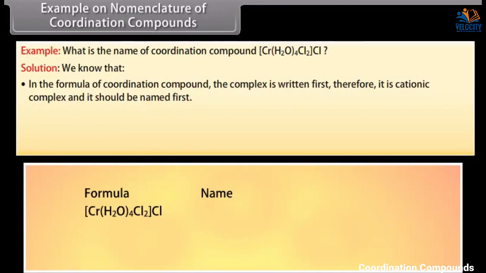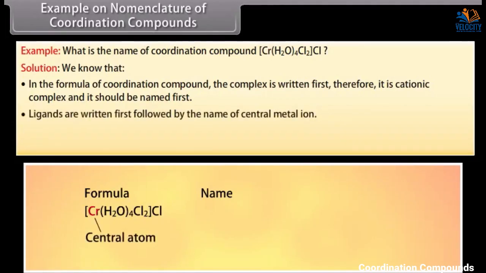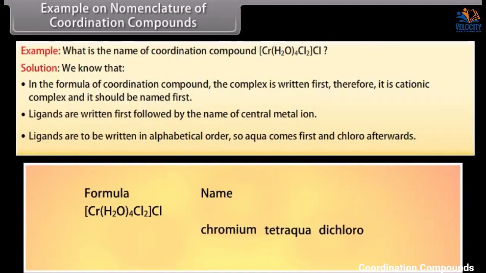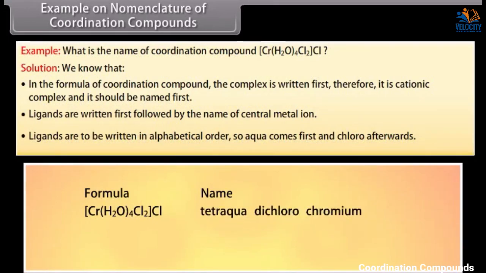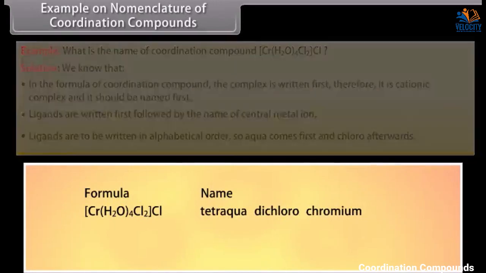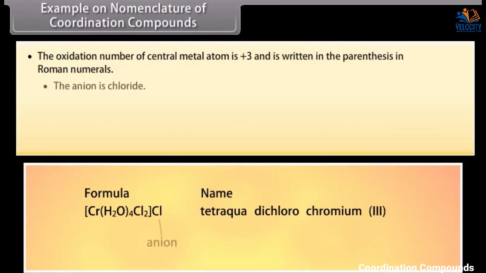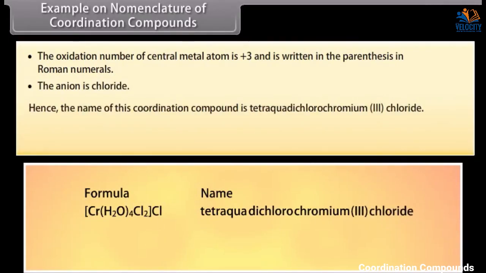As per rules, while naming the complex, ligands are written first followed by the name of the central metal ion. Ligands are to be written in alphabetical order, so aqua comes first and chloro afterwards. The oxidation number of the central metal atom is +3 and is written in parentheses in Roman numerals. The anion is chloride. Hence, the name of this coordination compound is tetraaquadichlorochromium(III) chloride.